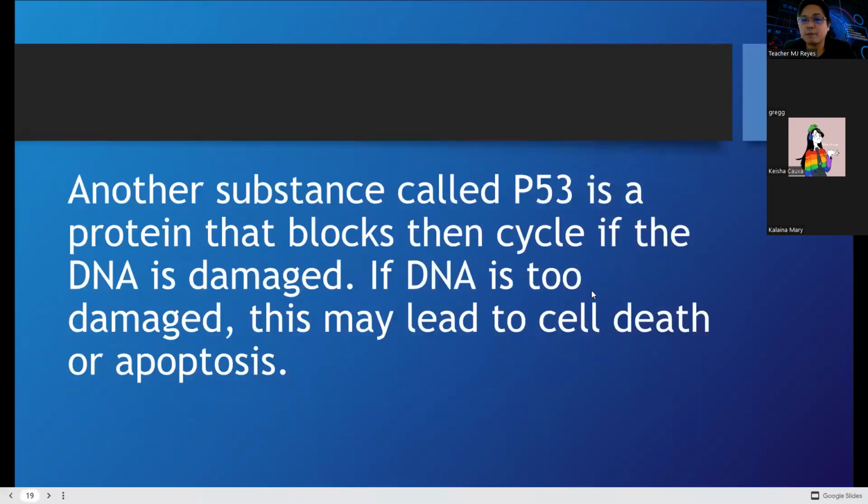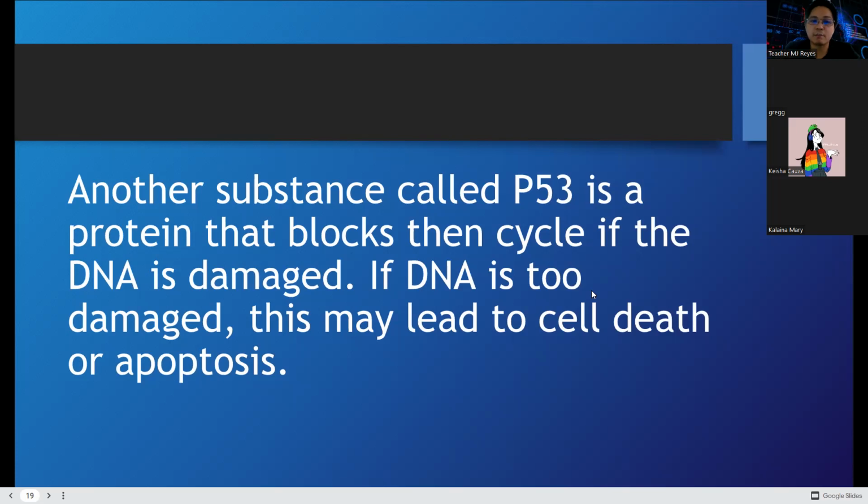Another substance called P53 is a protein that blocks the cycle if the DNA is damaged. It blocks the cycle because it prevents manufacturing defective cells.